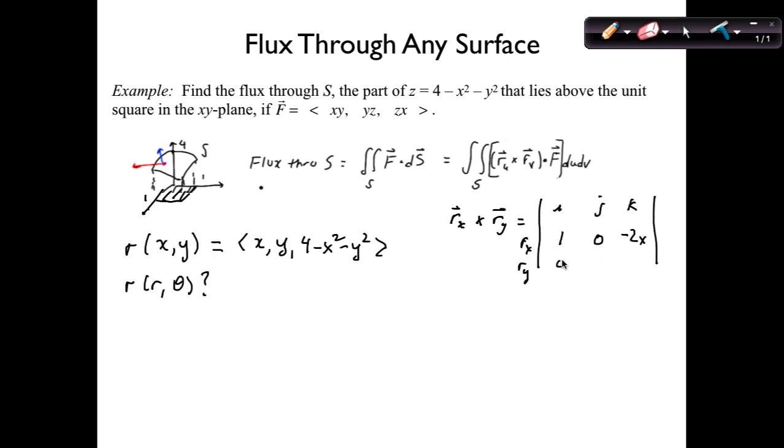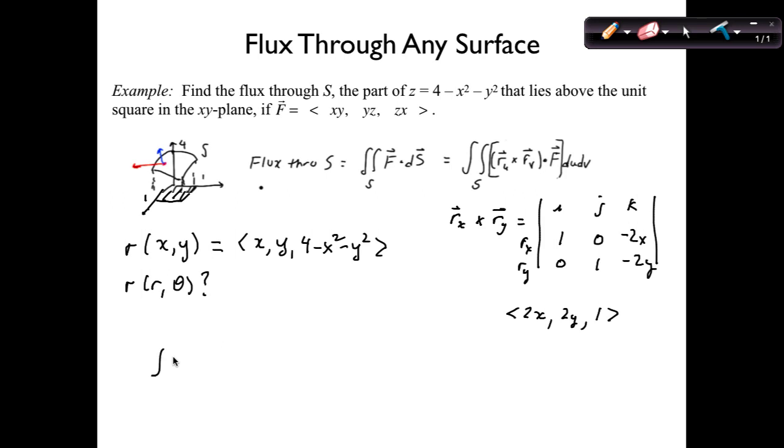Partial with respect to y? Then we run the cross product algorithm here, and we get 0, positive 2x, j is positive 2y, and 1. So Rx cross Ry is 2x, 2y, 1. And we're ready to go.